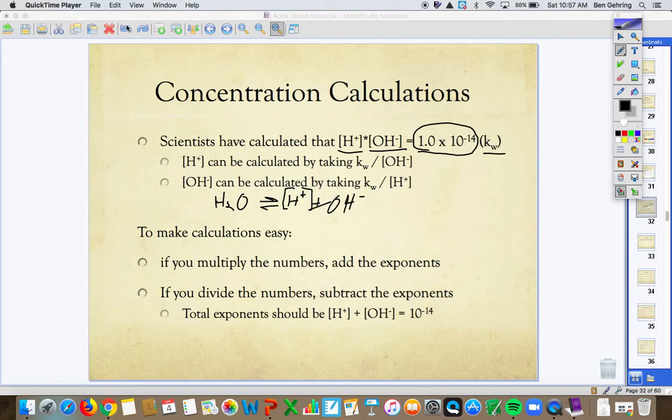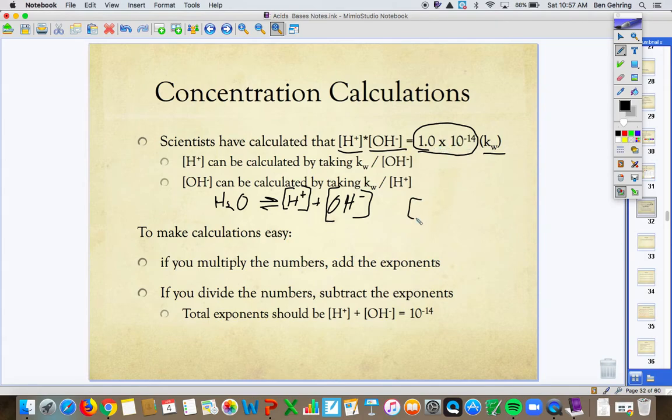Your molarity here multiplied by your molarity over here will give you a value of 1 times 10 to the minus 14th. So if I take the concentration of H plus times the concentration of OH negative, it has to equal 1.0 times 10 to the negative 14th power. And that's what Kw represents.